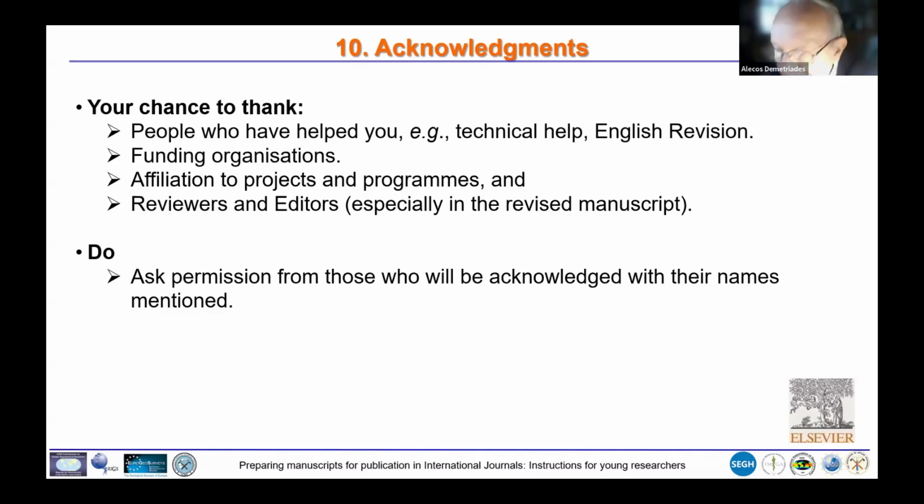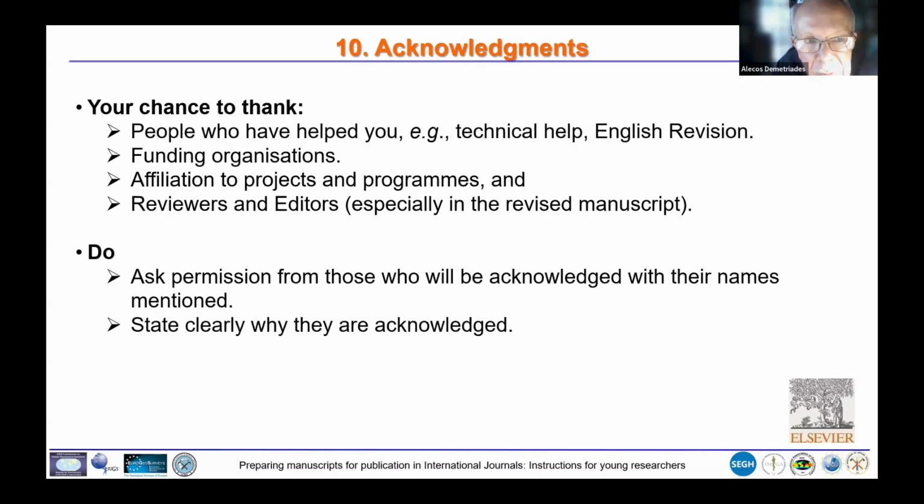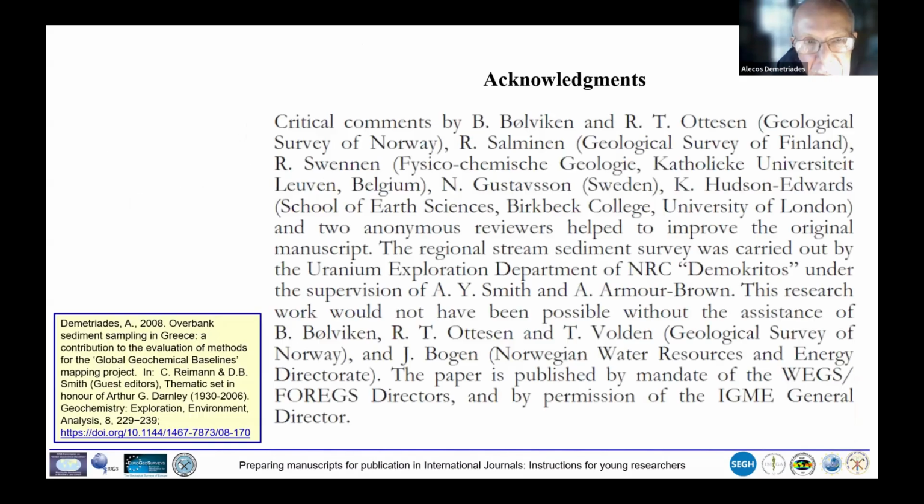Sometimes people do not like to be cited, and so you have to ask for their permission to write their names in the acknowledgements. State clearly why they are acknowledged. Include the grant number or project reference. And again, this is a very clear way of acknowledging people.